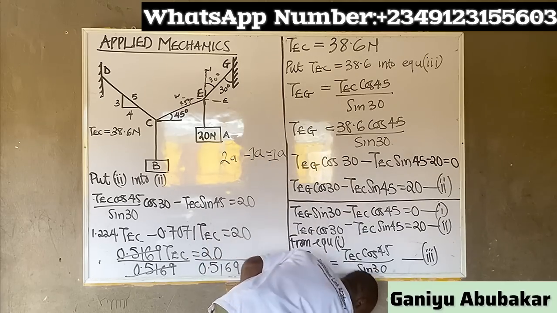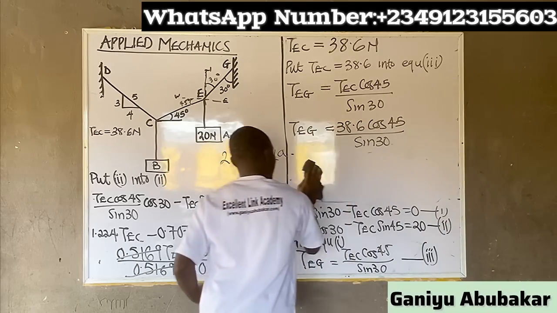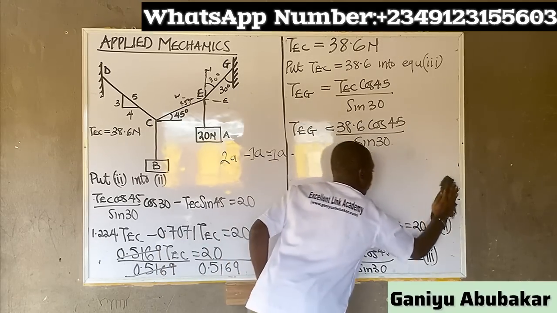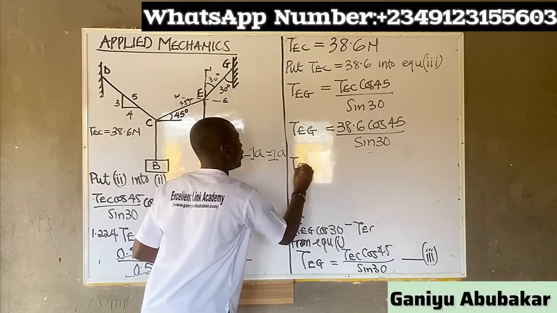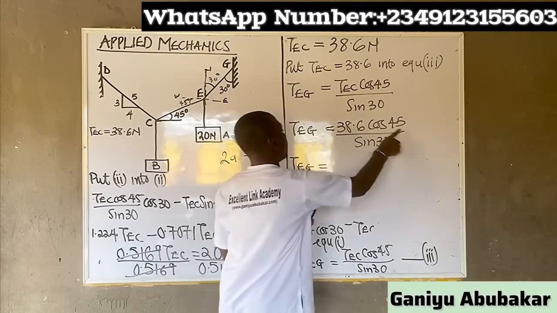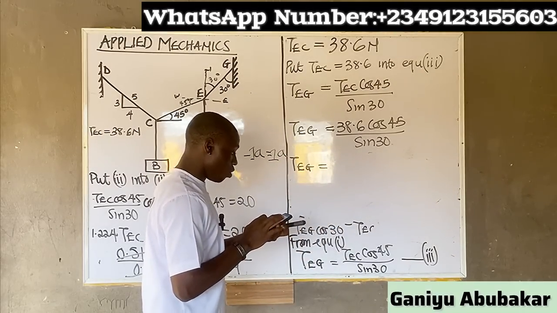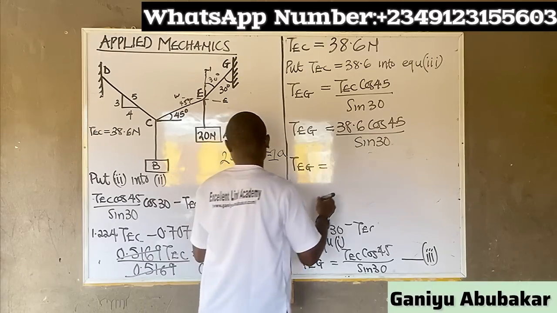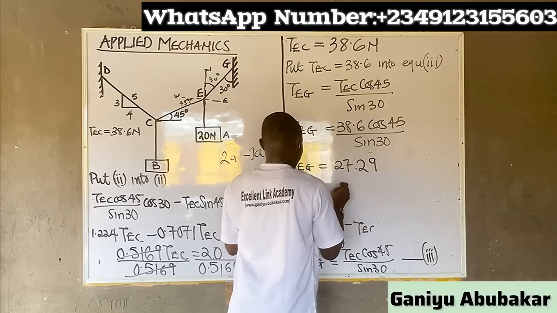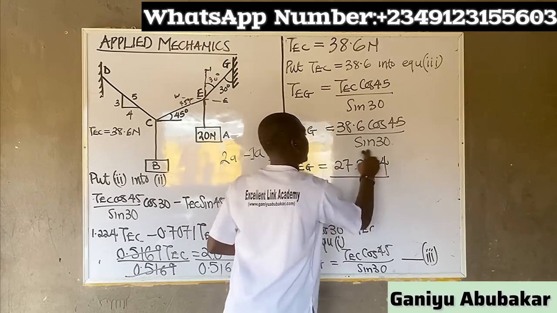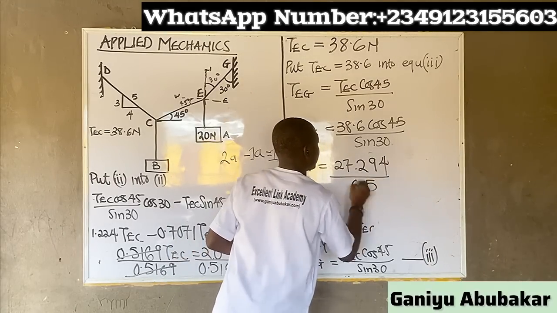If I punch the numerator, 38.6 cos 45 gives you 27.294 all over sine 30. Sine 30 gives you 0.5.